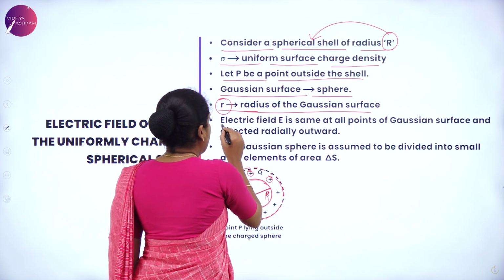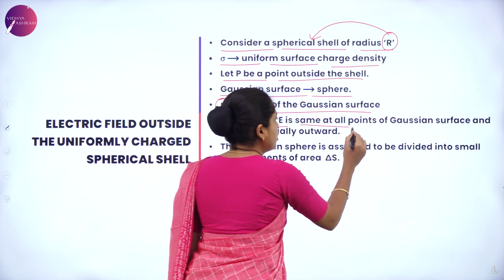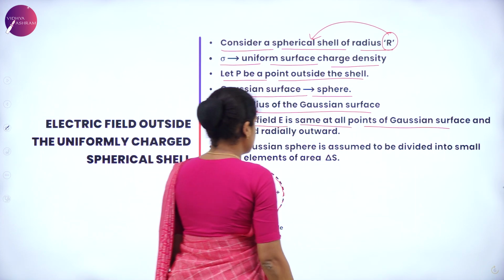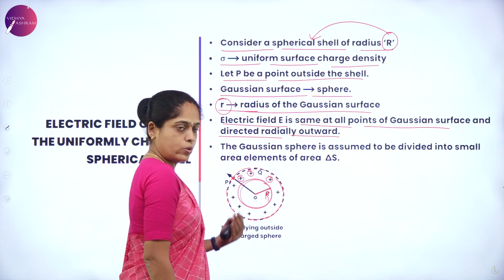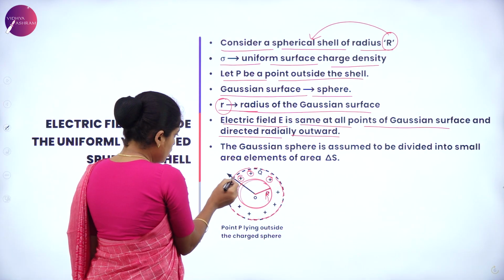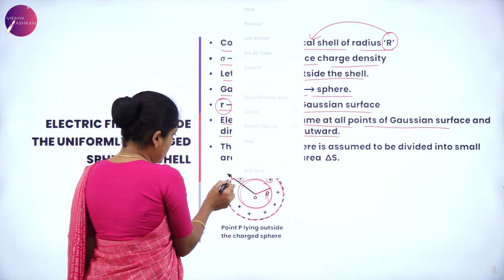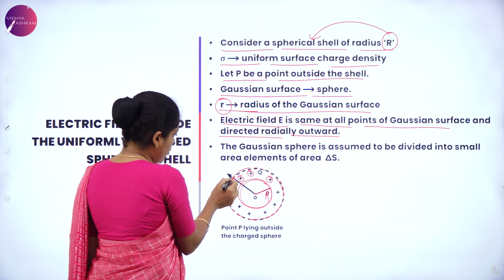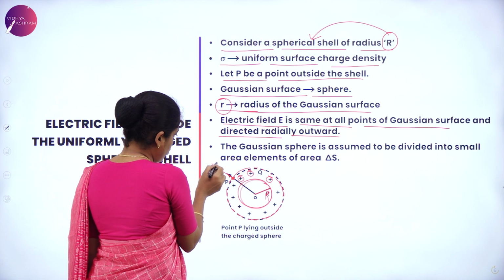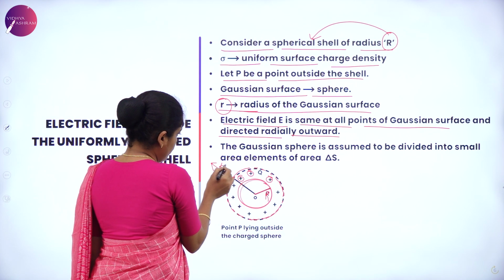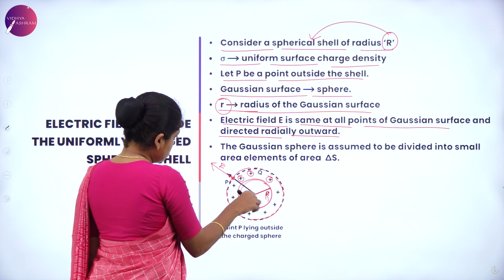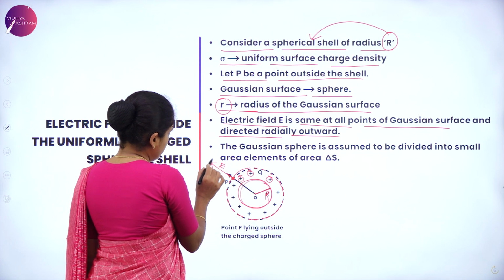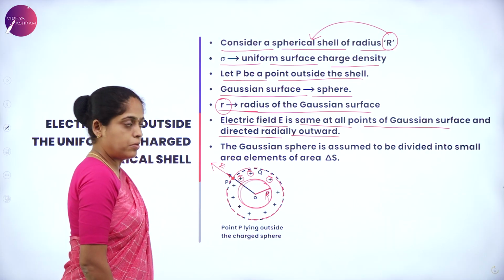Then the electric field is the same at all points of the Gaussian surface and is directed radially outward, as in this picture. Let us mark the direction of the electric field, which is due to positive charge. Due to positive charge, the electric field is radially outward at point P.